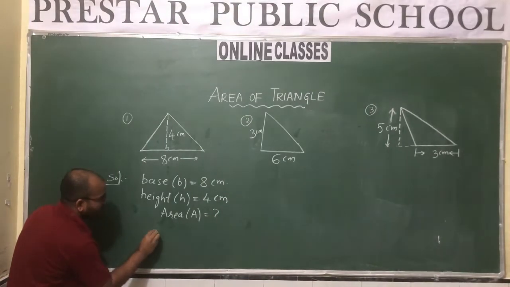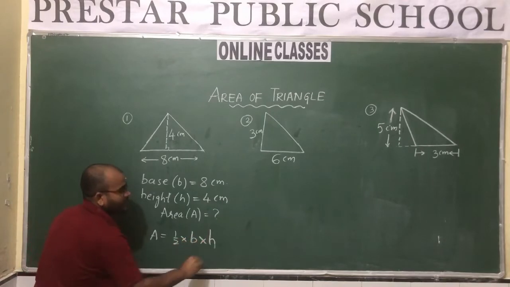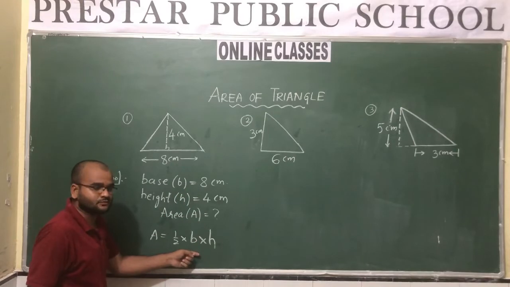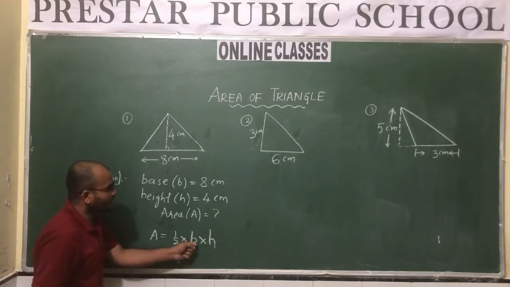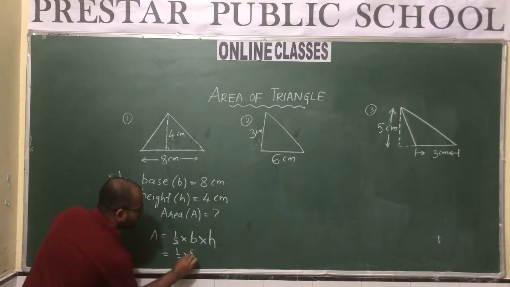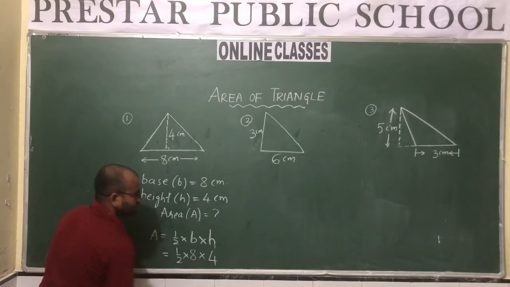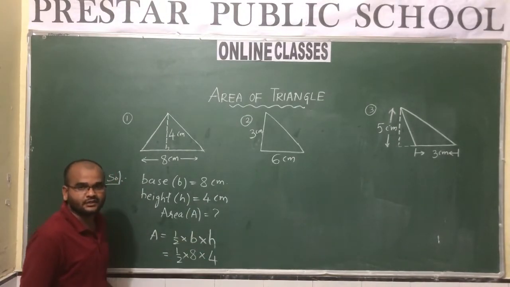Now write the formula. Area equals 1 by 2 into base into height. Now substitute the given values: 1 by 2 into base, 8 centimeters, height, 4 centimeters. Now if any cancellation is possible, then do cancellation.